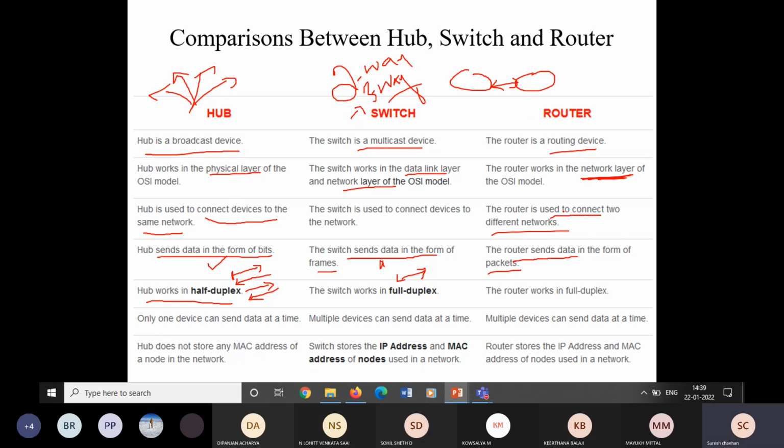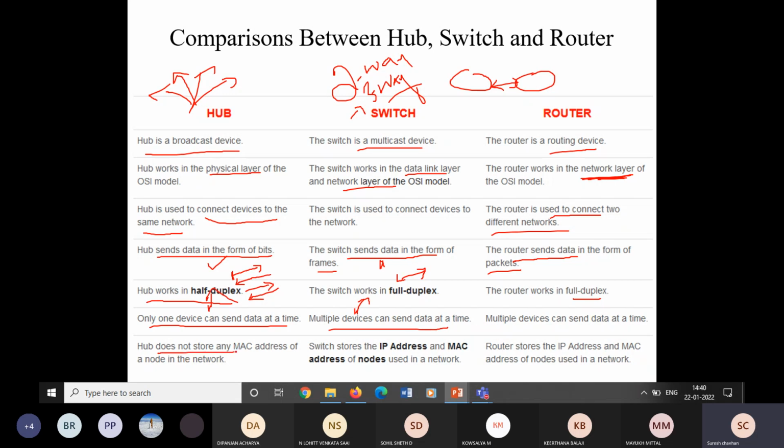And similarly, the router also works in full duplex. At a time, both can send. And in half duplex, only one device can send the data at a time. So it's kind of a repetition. Half duplex means one at a time, and full duplex means multiple devices can send at a time.